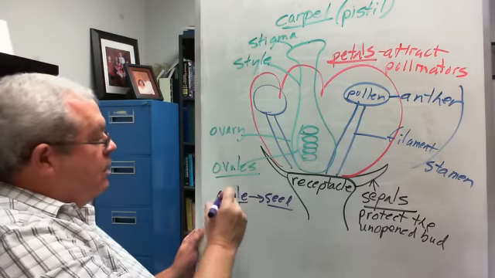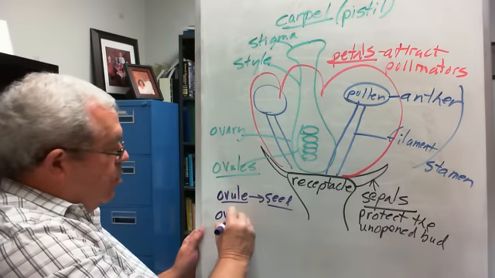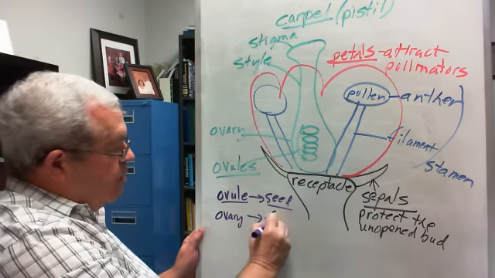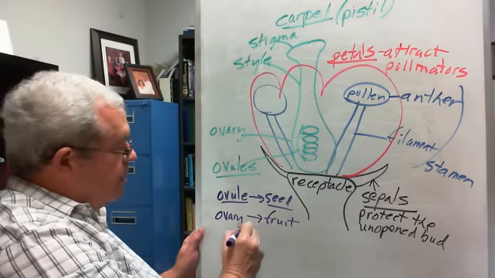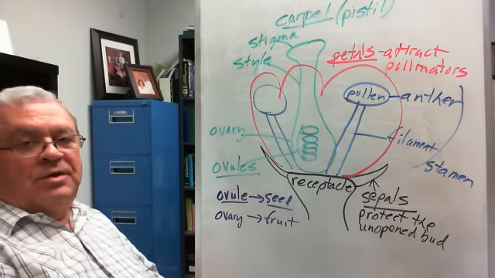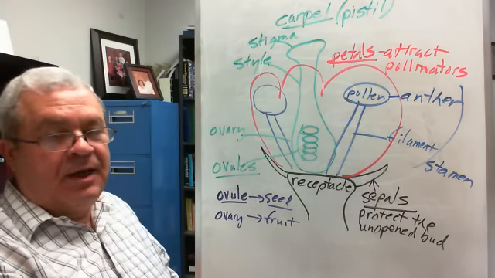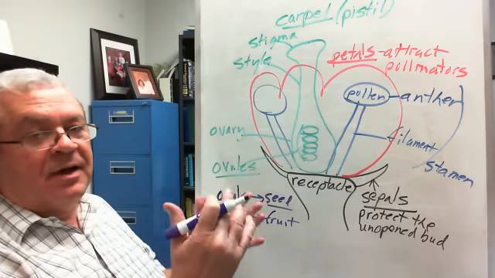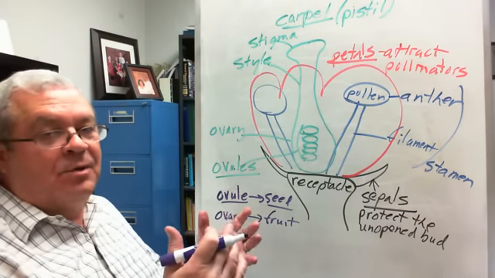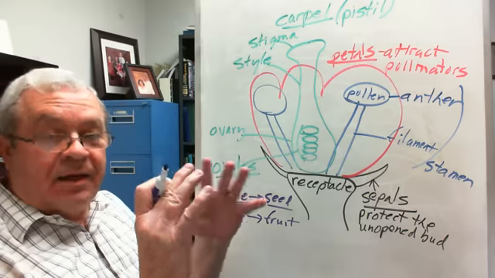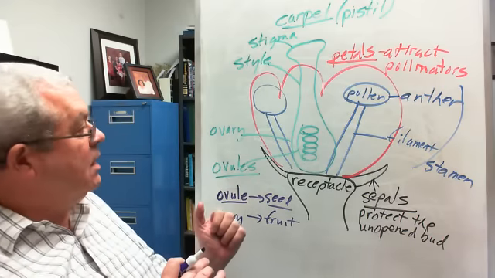What about the surrounding ovary? The surrounding ovary develops into the fruit. Fruit, we'll see, is more general than something you can eat. A lot of fruit is totally inedible by anything, but it has an important function, as we will see.